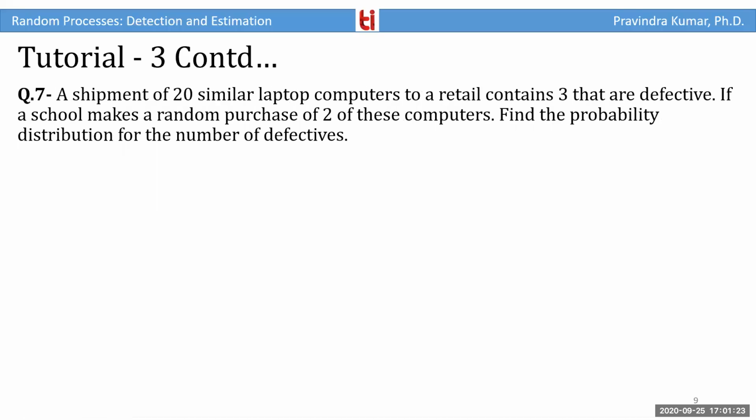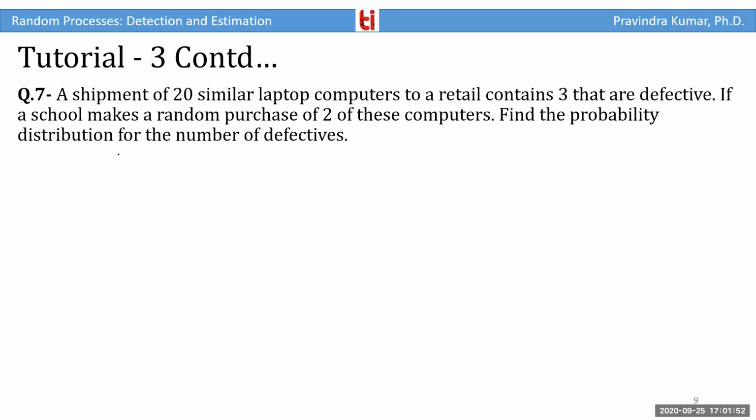Now next question. A shipment of 20 similar laptop computers to a retail store contains 3 that are defective. If a school makes a random purchase of 2 of these computers, find the probability distribution for the number of defectives.